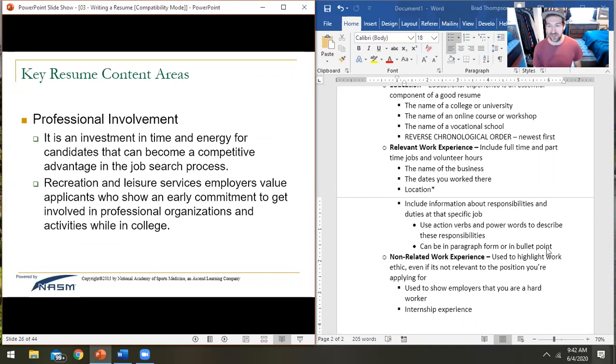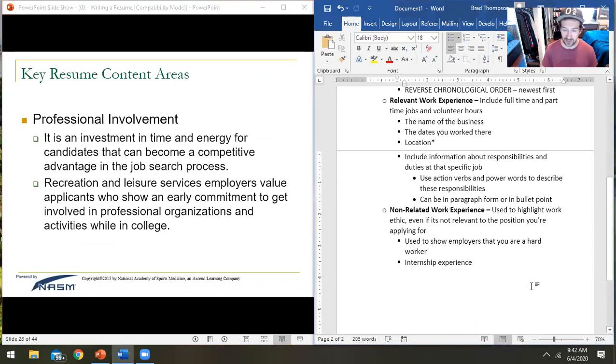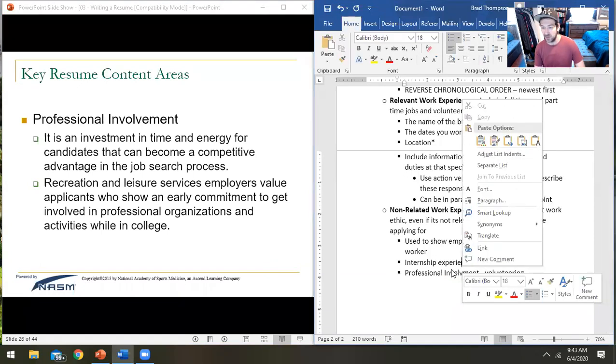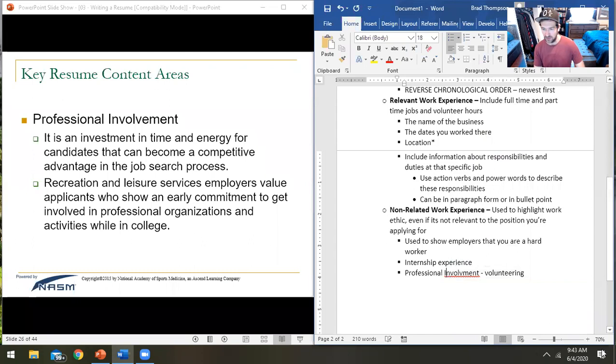Professional involvement, that is also something that I think falls under non-related work experience. So professional involvement, AKA volunteering, right? That can be a great thing to include on your non-related experience. I always keep my Thirst Project stuff on my resume, mostly because it's a really good talking point.